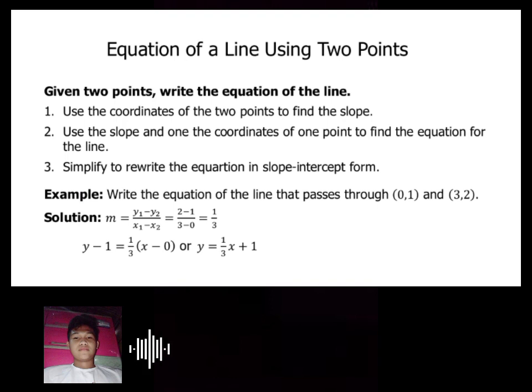So m equals y sub 2 minus y sub 1 over x sub 2 minus x sub 1, which is equal to 2 minus 1 over 3 minus 0, and the answer is 1/3. So y minus 1 equals 1/3 times (x minus 0), or y is equal to 1/3 x plus 1.